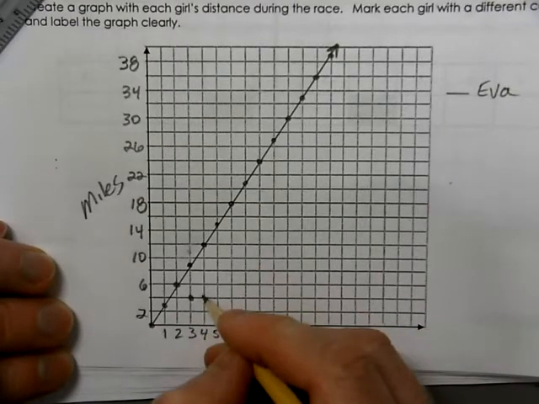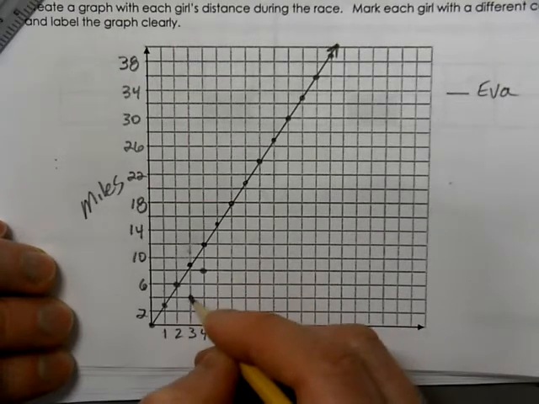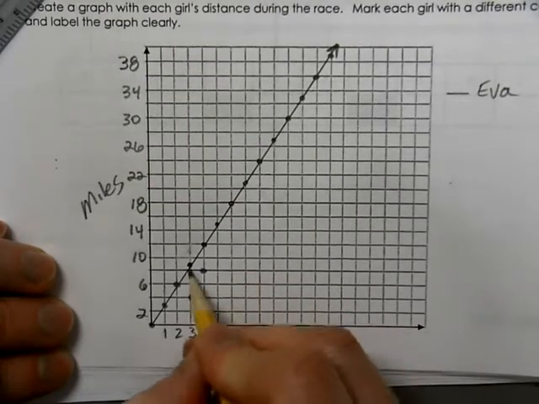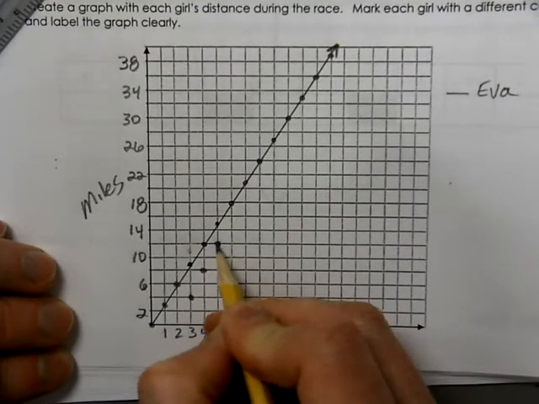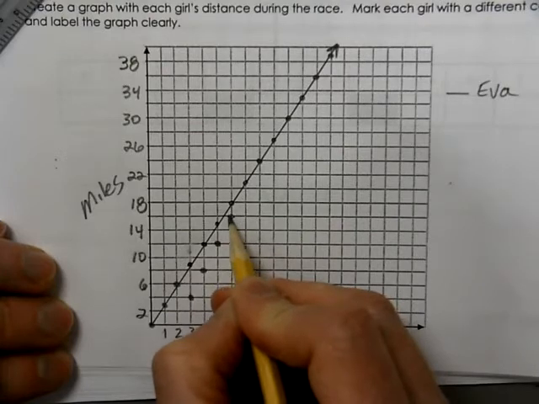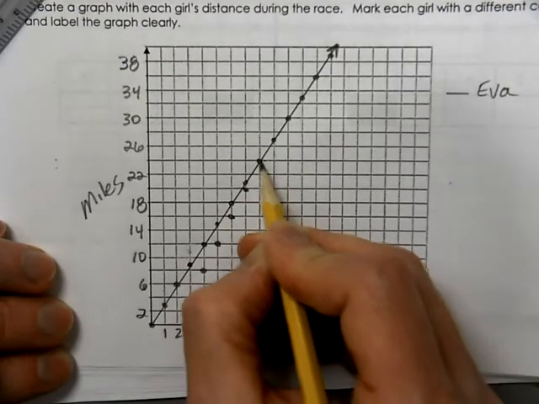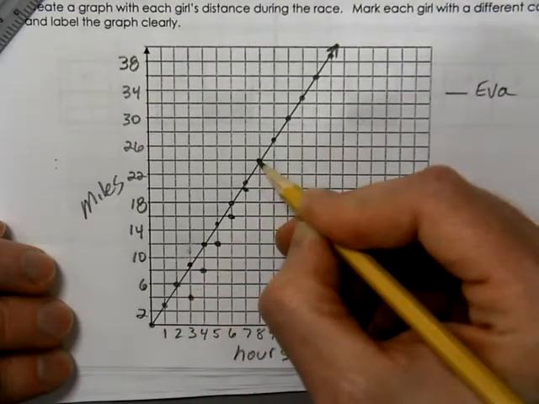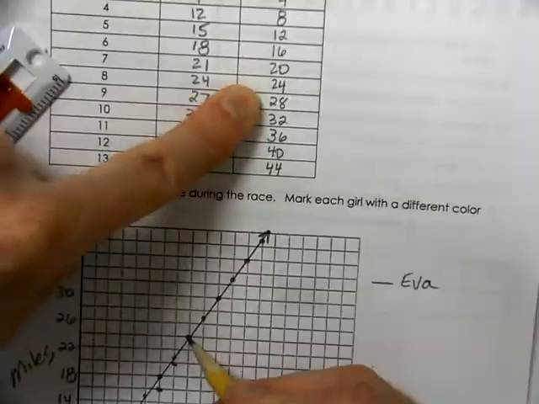Hour 4, she had gone 8 miles. So that's kind of we're moving up 2 lines and over 1. So after 8 hours, it was exactly the same. That's what we had here.